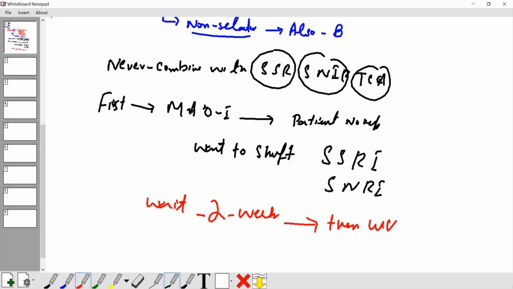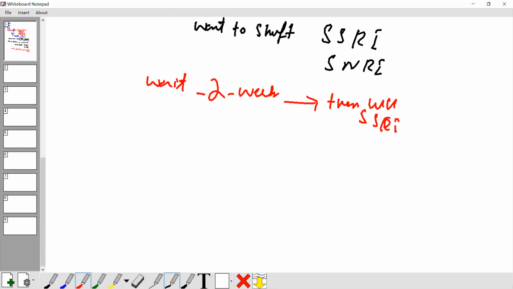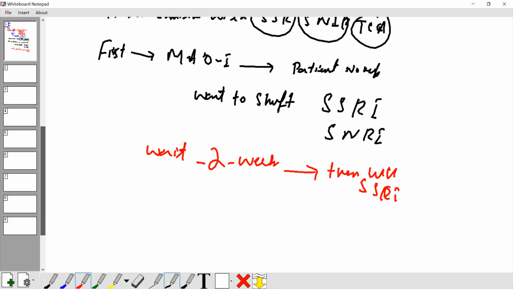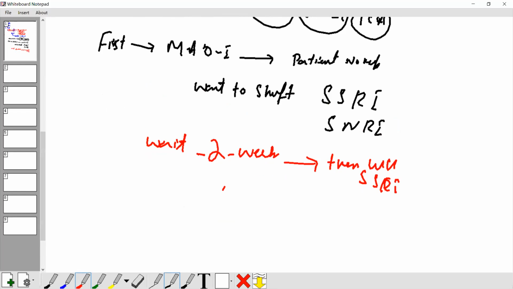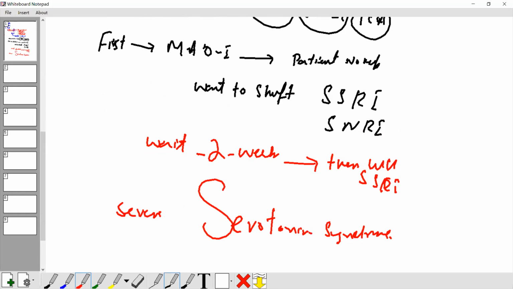If you do not do this, what happens inside the patient? The monoamine oxidase inhibitor inside the patient causes very severe serotonin syndrome.